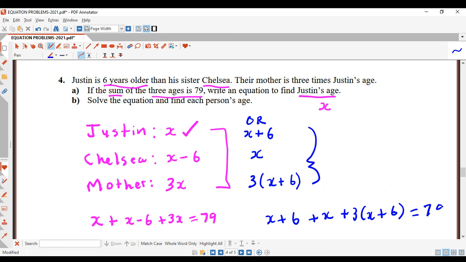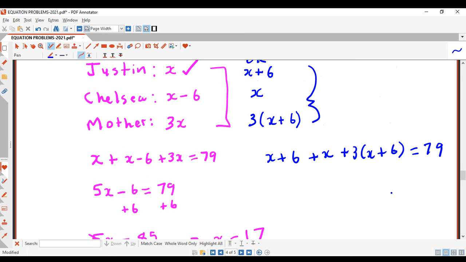Now, when we go to solve this equation, we should get the same answer as we did with the pink equation. So let's just expand the brackets first. Actually, x plus x is 2x. So I'm going to have 2x plus 6. Plus, I'm going to expand this bracket. So it's going to be 3x plus 18 equals 79.